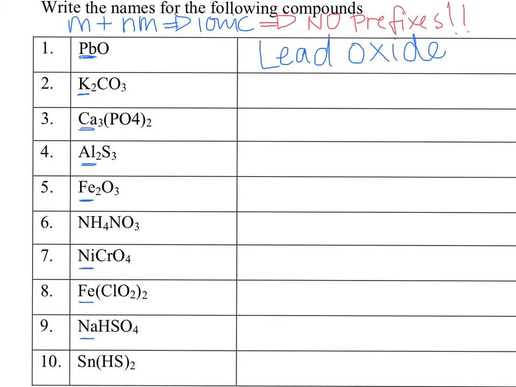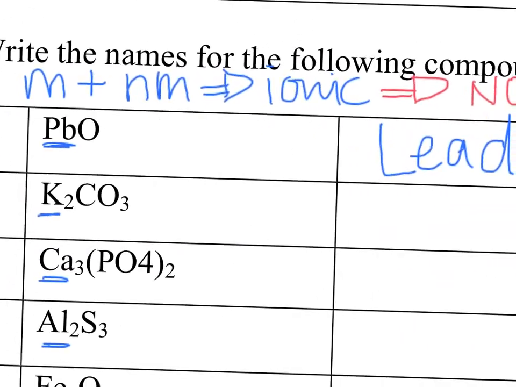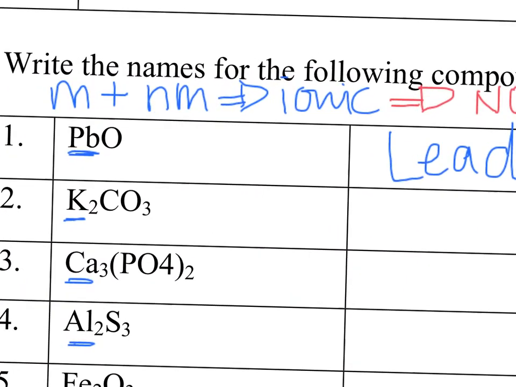The only other thing that we need to do is we need to figure out which lead this is. So this is one of those that's a little bit more difficult. Okay, so we know that oxygen is a -2, right? Oh my goodness, sorry. So we know that this doesn't have a 2 down here, does it?